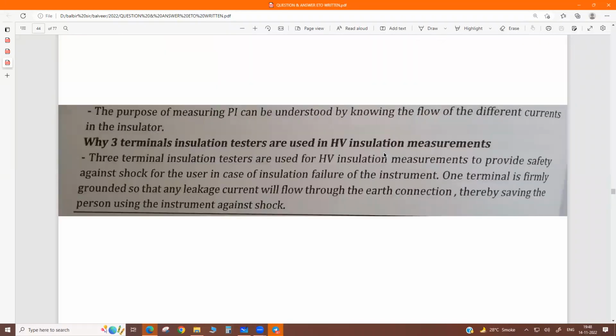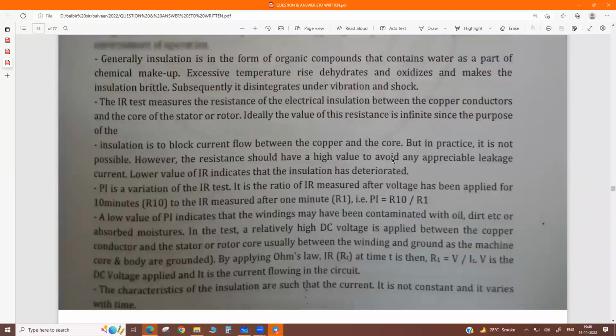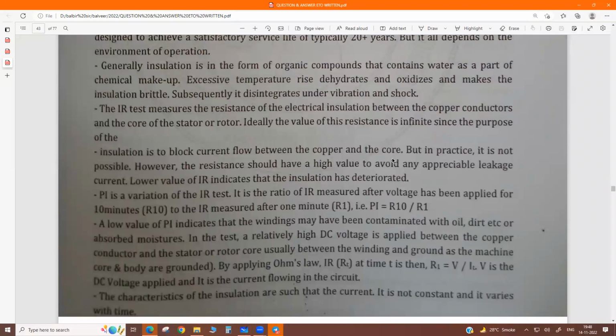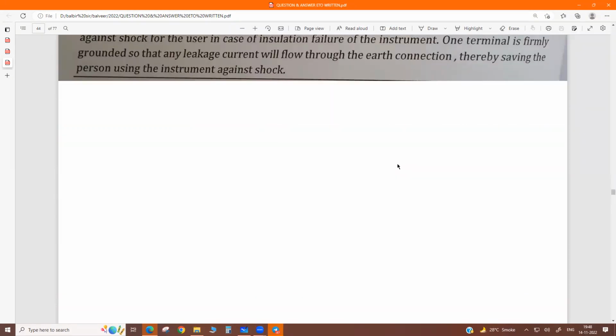In HV, actually greater than 440 volt, 1000 volt is considered as high voltage in AC, but in DC it is greater than 220 volt, like 500 is considered as high voltage.